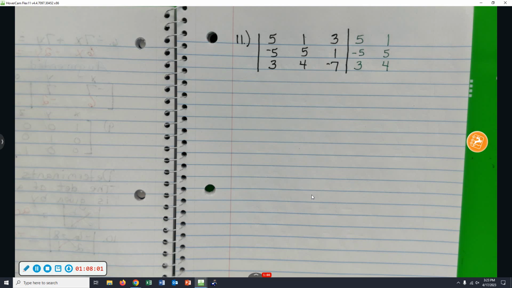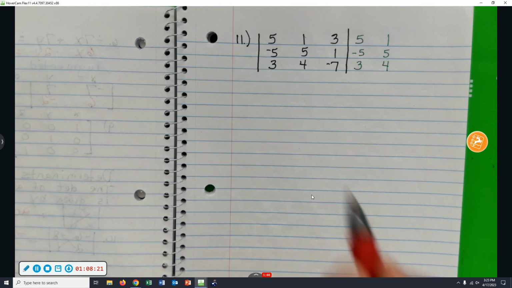And then you're going to do the crisscross. That's what we're doing here. We're finding determinants using the crisscross method. There's another method called cofactor method, which I won't be using.